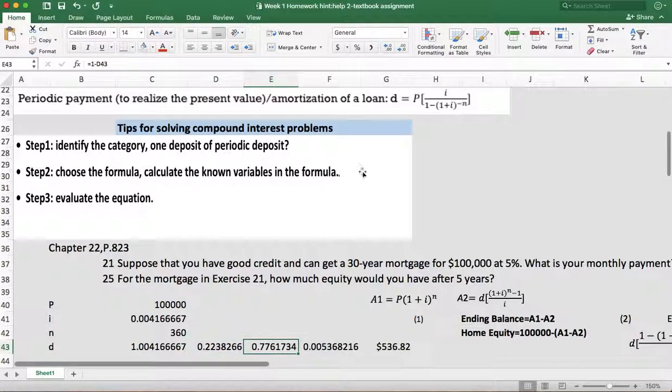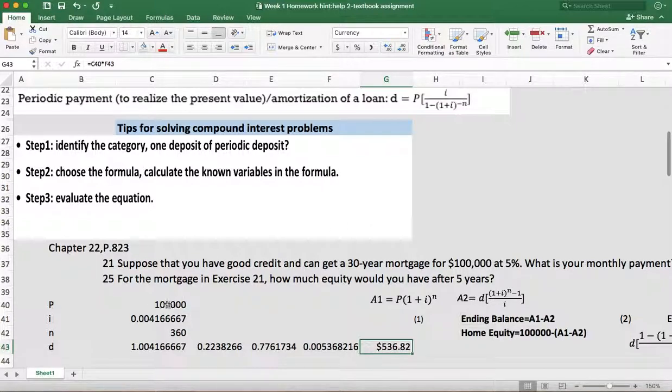Step three is 1 minus this. The result is the whole denominator. Step four is I divided by the denominator, the whole bunch of these. Finally, we got the final result, multiplied by P.